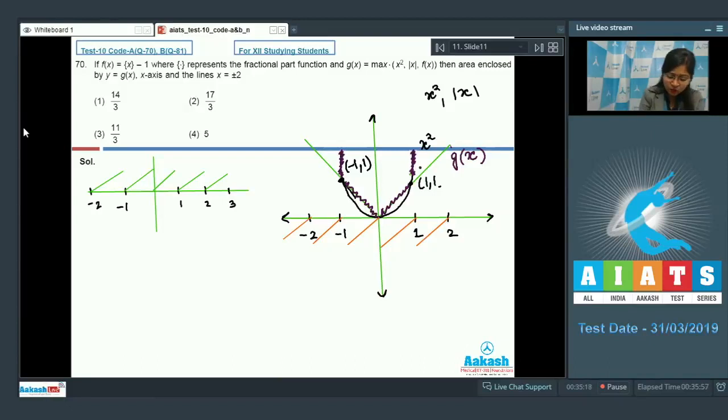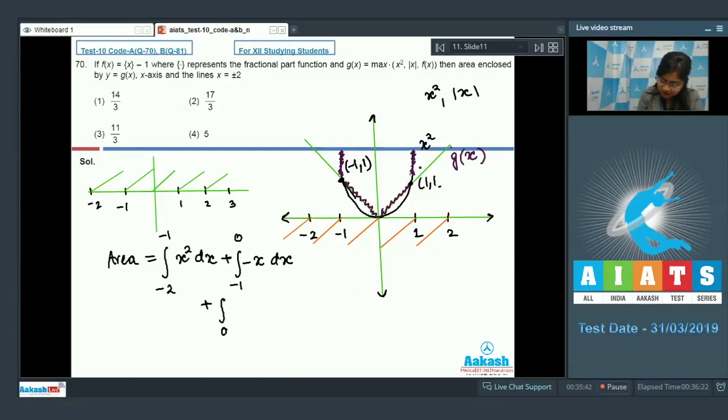Now we have to find the area enclosed by y equal to g(x), x-axis and the lines x equal to plus minus 2. So we can write area equal to, from minus 2 to minus 1 the graph is x square into dx, and from minus 1 to 0 the graph is minus x into dx, and from 0 to 1 the graph is x into dx, and from 1 to 2 the graph is again x square into dx.